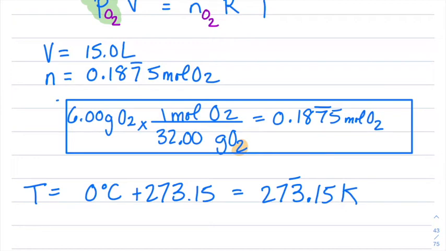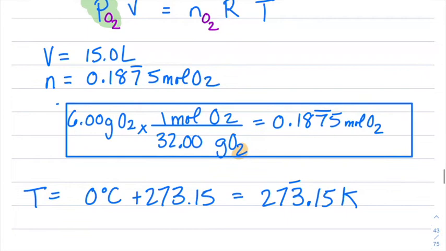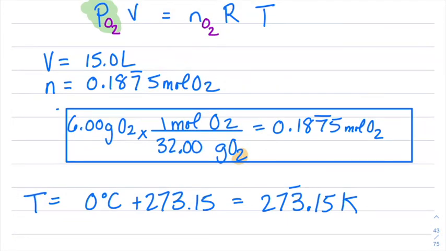All right, any questions on where we got our numbers here? All right, so go ahead and plug this into this ideal gas law and find the pressure due to oxygen alone. Works the same way you would any other time. Plug in your volume, number of moles, R and T, and then solve out for P.